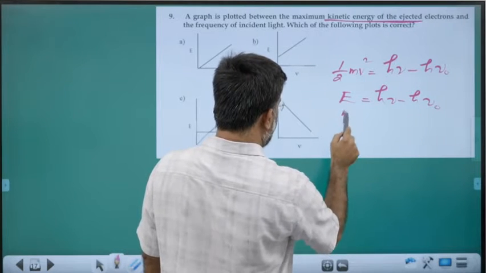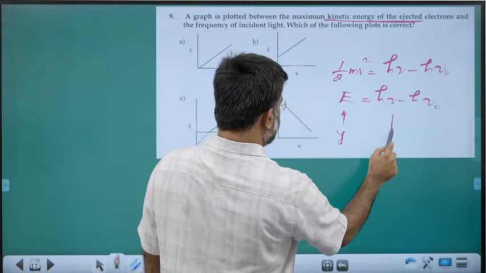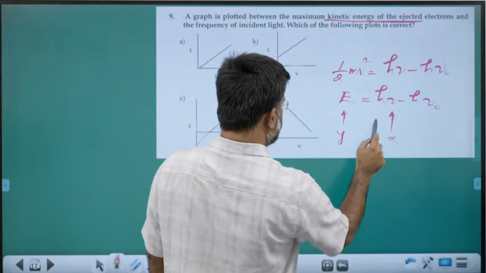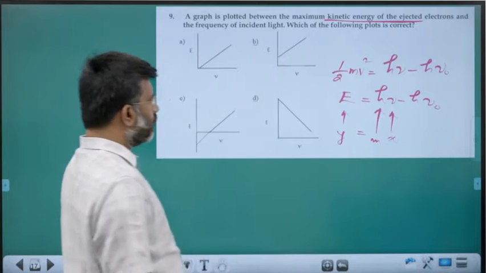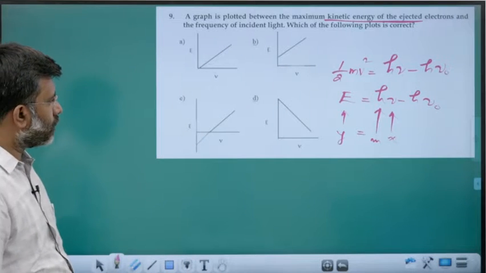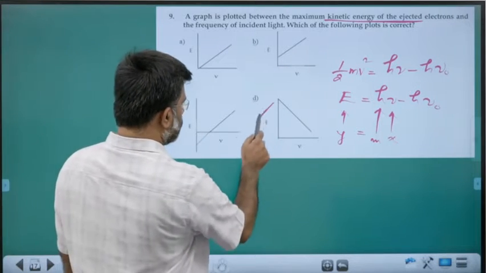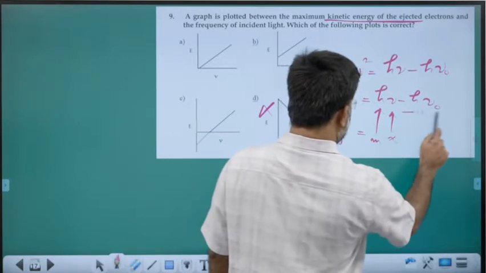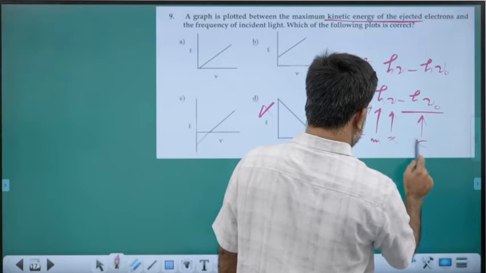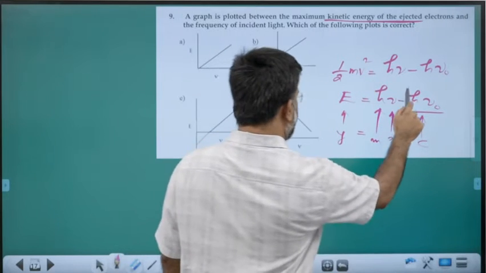This is taken along the y-axis and this is taken along the x-axis. So this will be the slope of the line. Slope of the line is positive, which means this graph is out. Now the y-intercept, that is negative.